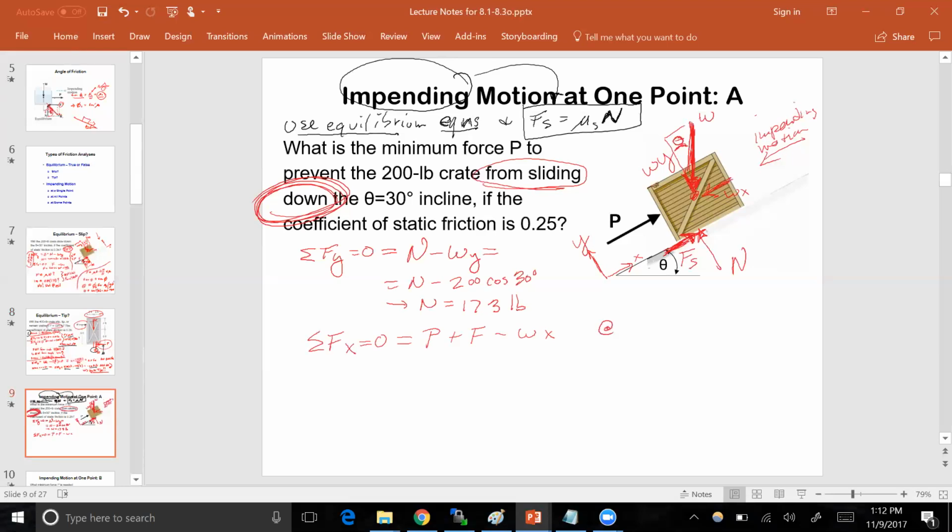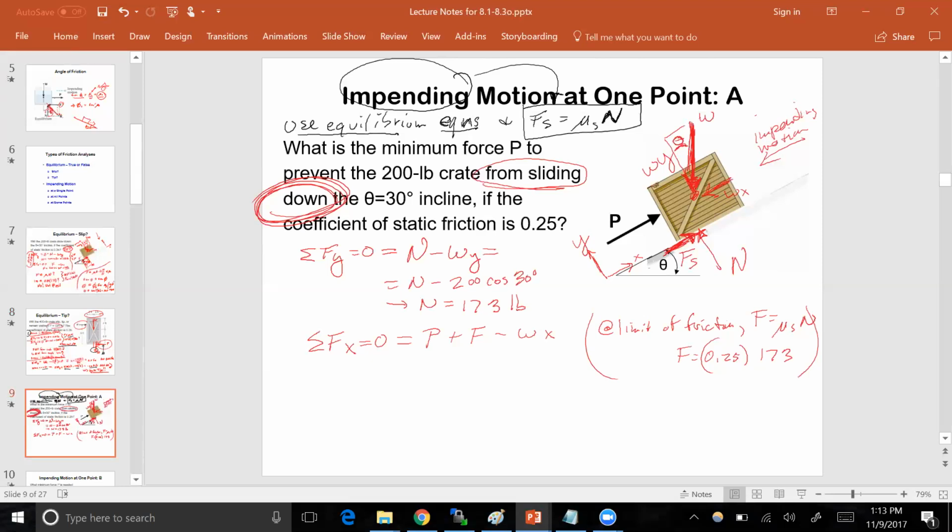And at the limit of friction, F equals mu sub s N, which equals 0.25 times 173. This is a mu.